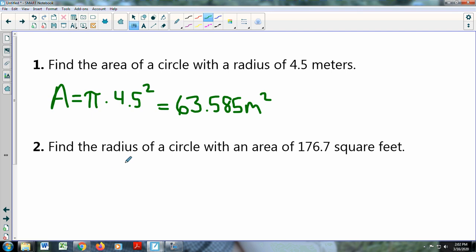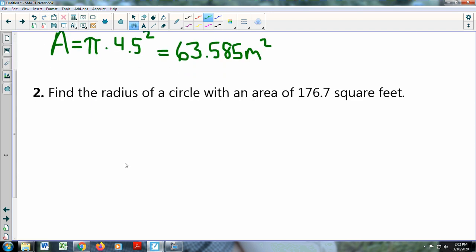Next one I have here is I need to find the radius of a circle with an area of 176.7 square feet. So I'm just, again, set 176.7 equal to pi times my radius squared. Divide by pi on both sides.